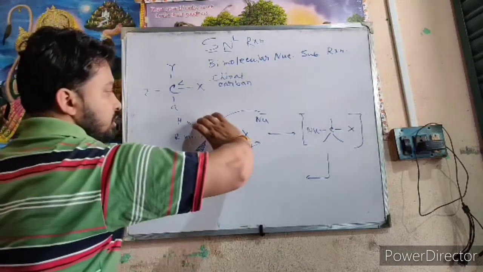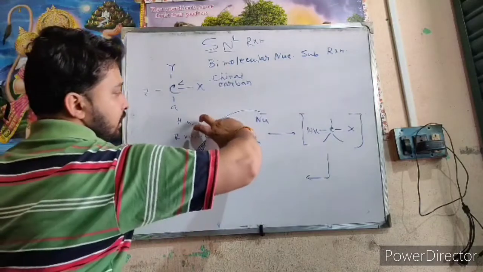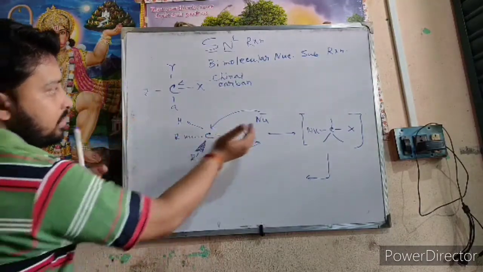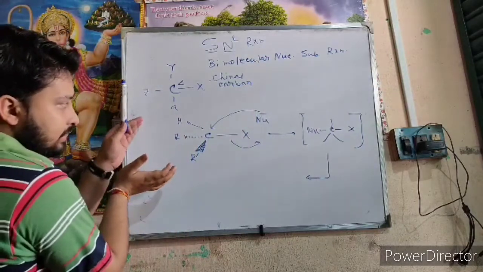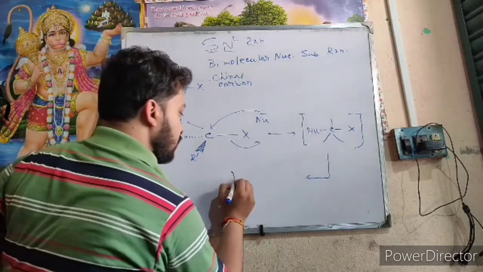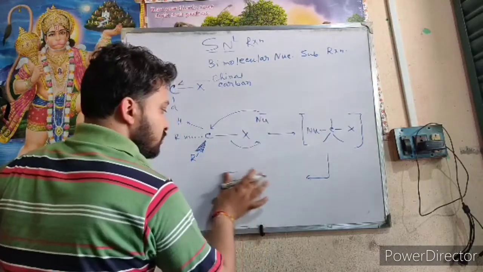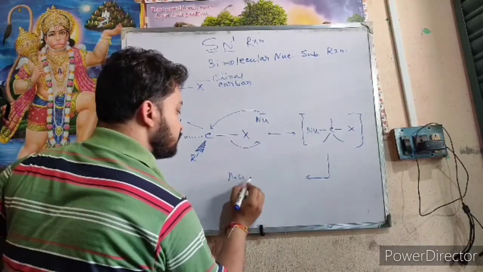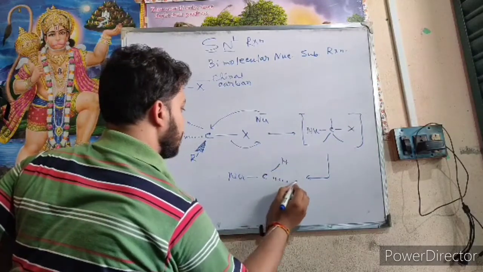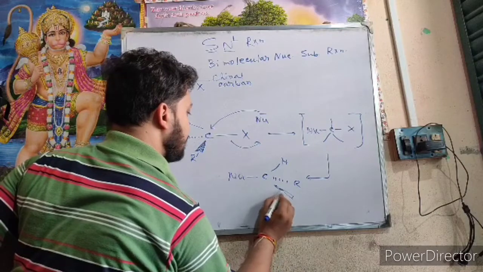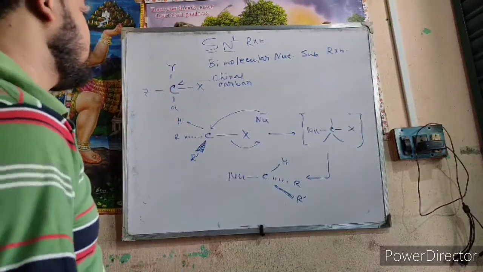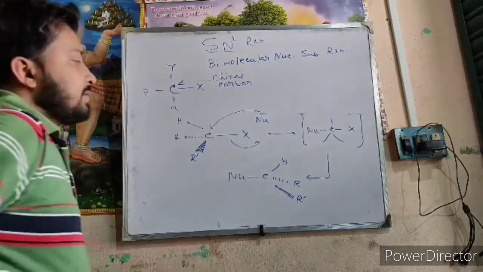So the positions of the groups are in this way, and when the nucleophile attacks here, the inversion occurs. So Nu, carbon, H, R. So this is the mechanism of SN2 reaction.